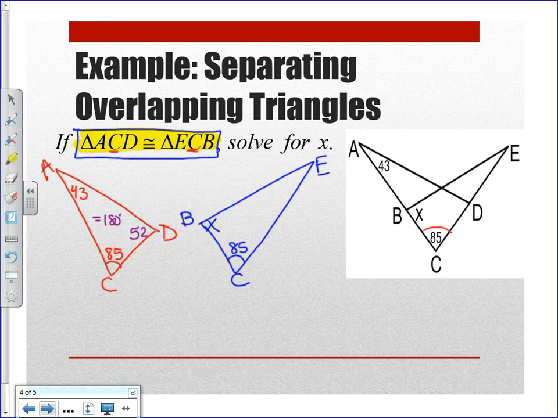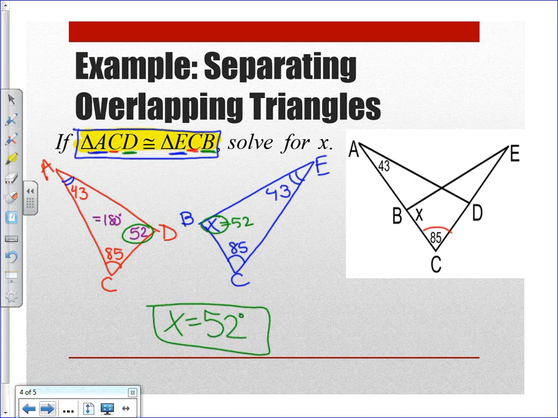This congruence statement tells me A should match up with E, so whatever A is, E has to be the same thing. So E is 43. It also tells me that whatever D is matches up with whatever B is. Okay, well D is 52, so B has to be 52. So X equals 52, and that's all there is to it. And that's really all you need to know for overlapping, and we'll say 52 degrees since it's an angle. You can do that, you're good to go on your test.